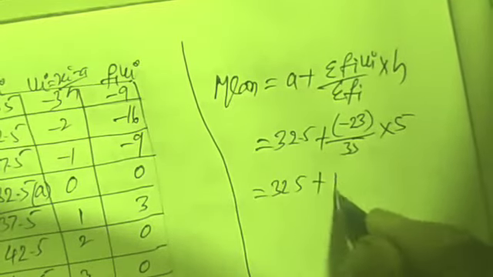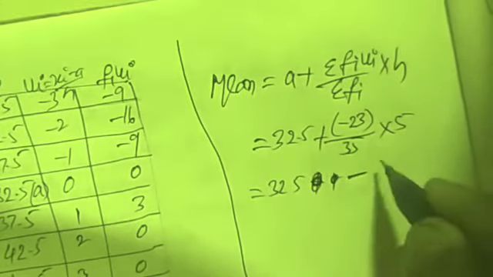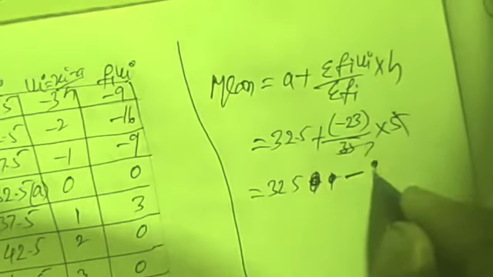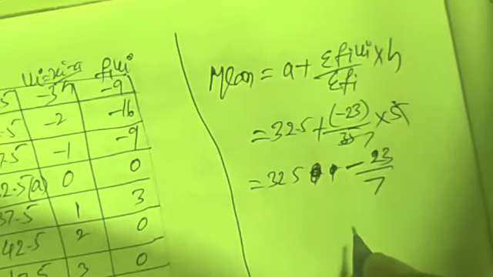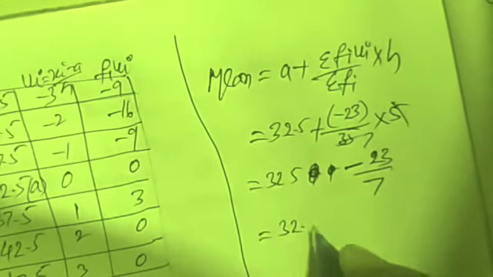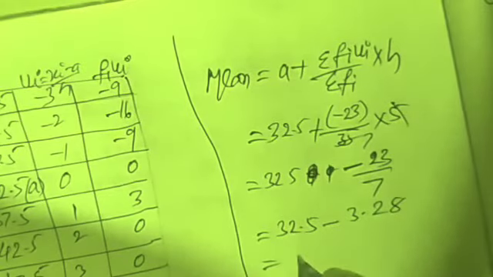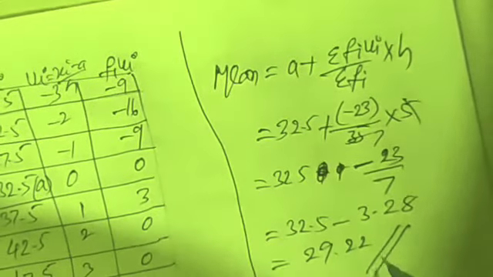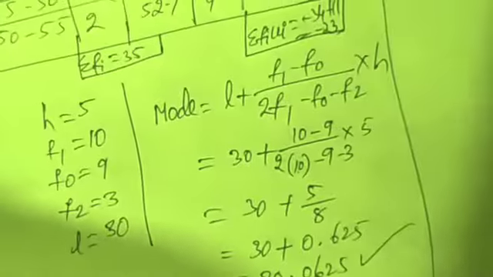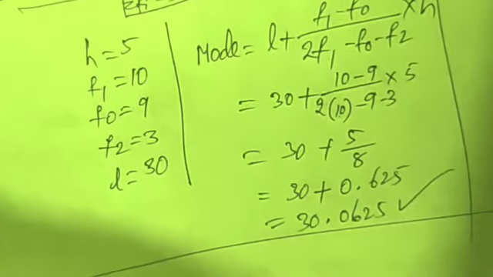On simplification, 5 ones are 5, 7 fives are 35, on dividing with 7 we get 23 by 7, which is 3.28. So 32.5 minus 3.28, on subtracting you get 29.22. So it is the mean value. Mean and mode are both very near in their value.